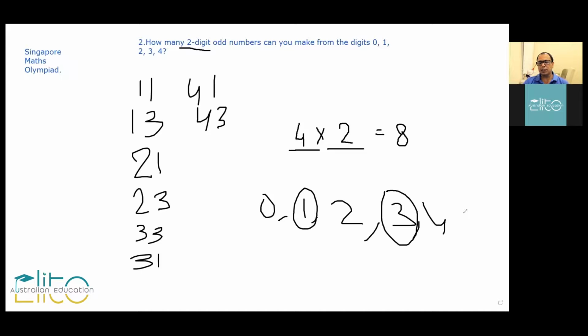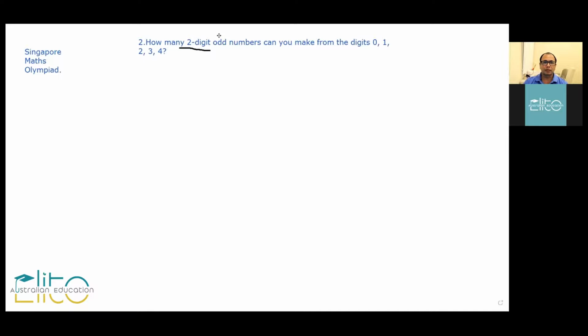Now if we use this technique, we don't have to think a lot about every single combination. Let's change it to a 3-digit number now. It's extremely easy now. Since it's a 3-digit number, we have 3 spaces.